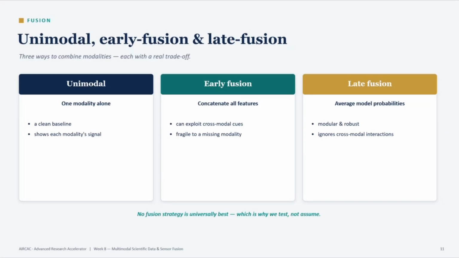There is no universal winner. That is why today we don't assume fusion is better. We test it. It is very important to understand that sometimes late fusion can work better than early fusion. For example, the GR00T VLA model from NVIDIA uses late fusion.